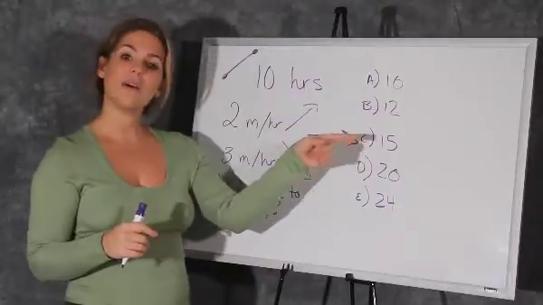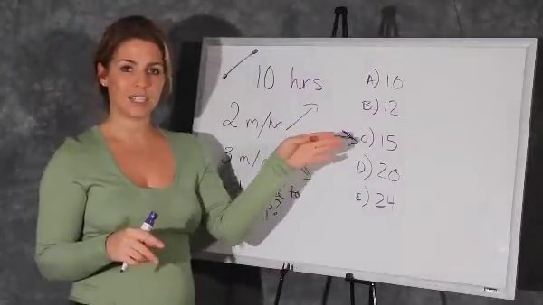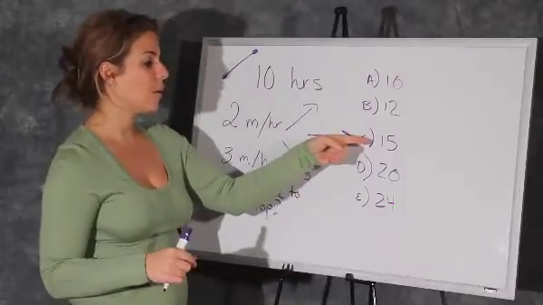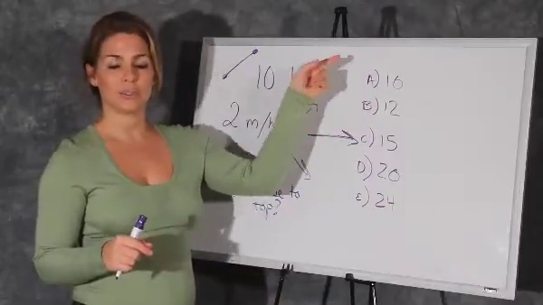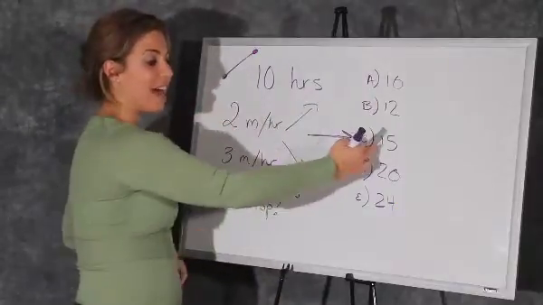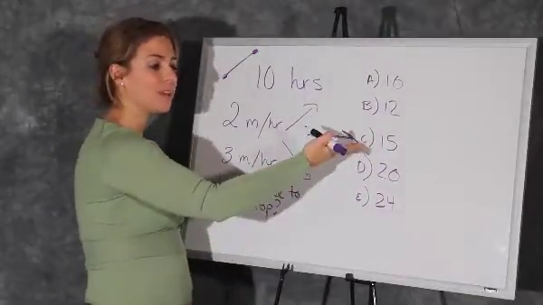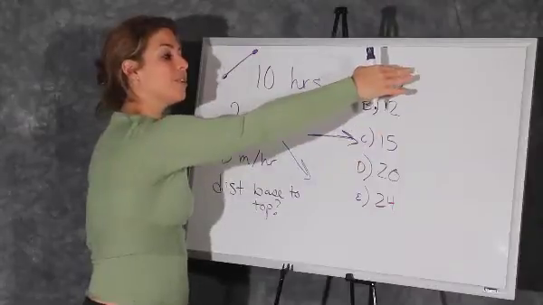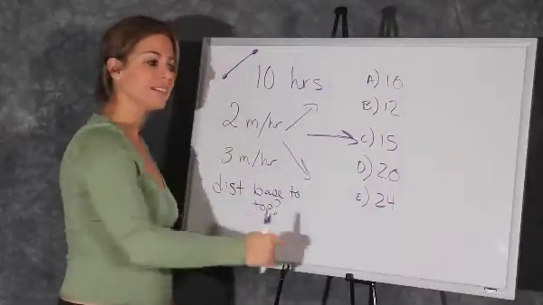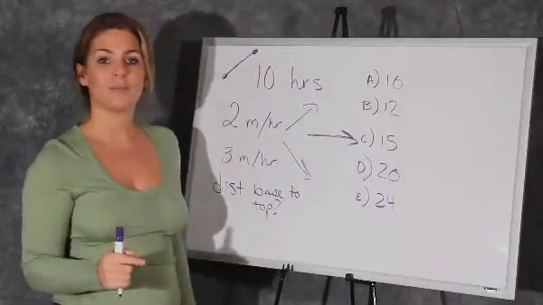So if you start out with C and you realize that C is too big, you're only going to have 2 more answer choices to try out. Because if that's too big, then you know that those are definitely too big. Same thing as if you realize C is too small, you can then get rid of 3 answer choices at once and you only have 2 left to try out.